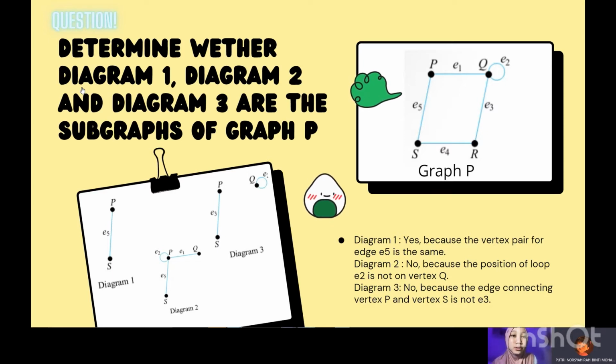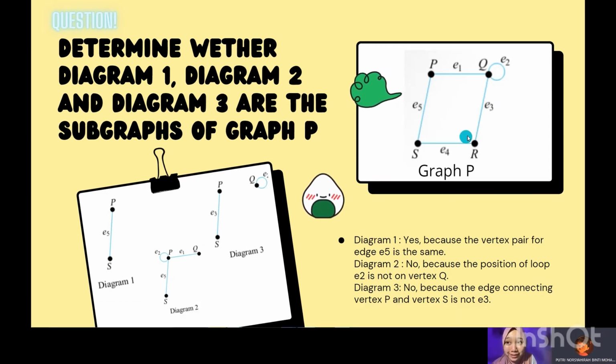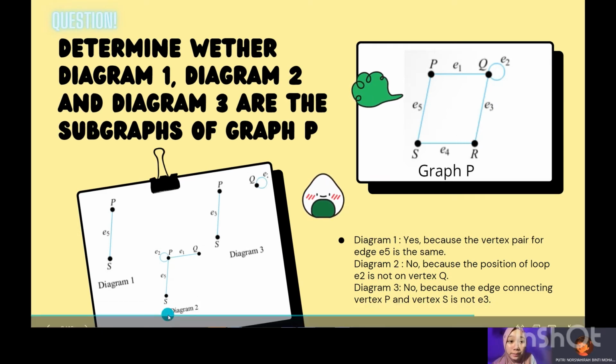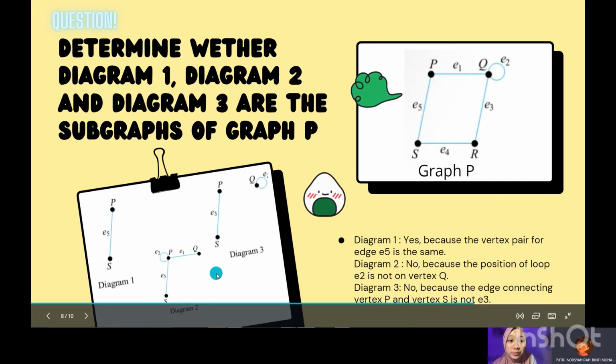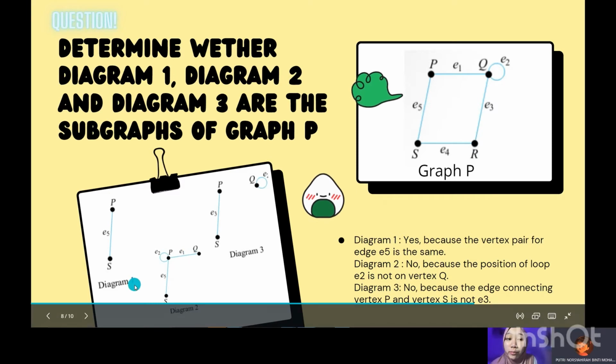So this is the graph and this is the diagram. The graph is the original graph, of course, but the diagram is the picture that we drew from the graph P. For example, is diagram 1 a subgraph of graph P?